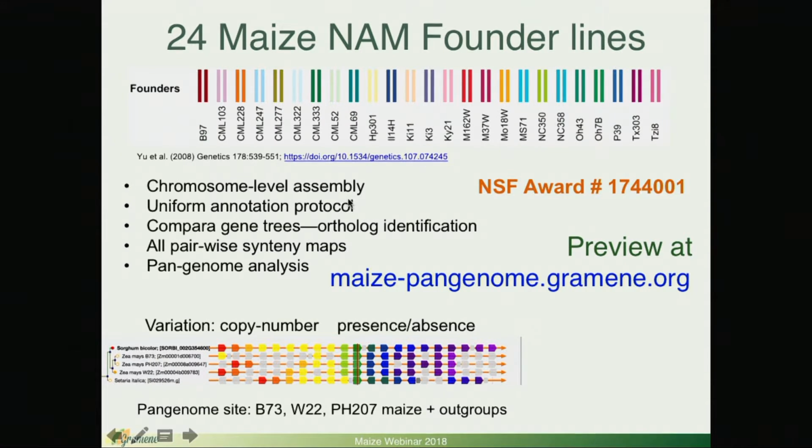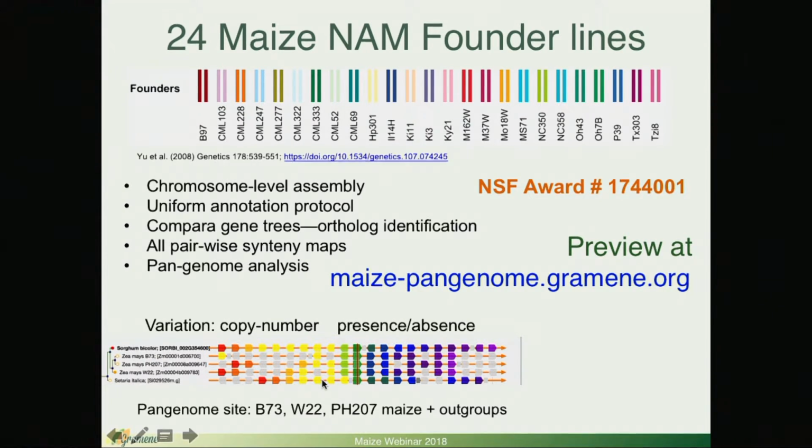The entire chromosome assembly with their gene annotations, with comparative analysis like the gene trees, the synteny maps, the pangene, and our tools will allow you to answer questions as simple as copy number variation, presence, absence.